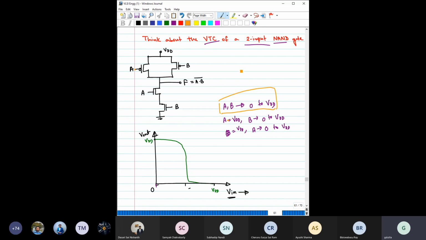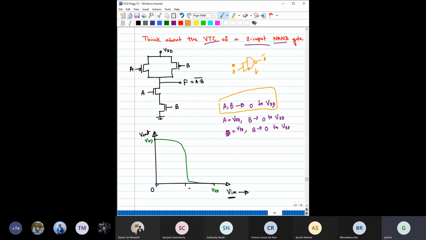This is a NAND gate, with two inputs shorted. So this becomes what gate? Not gate. So it should not surprise you that this VTC would be similar to that of the NOT gate only, right?